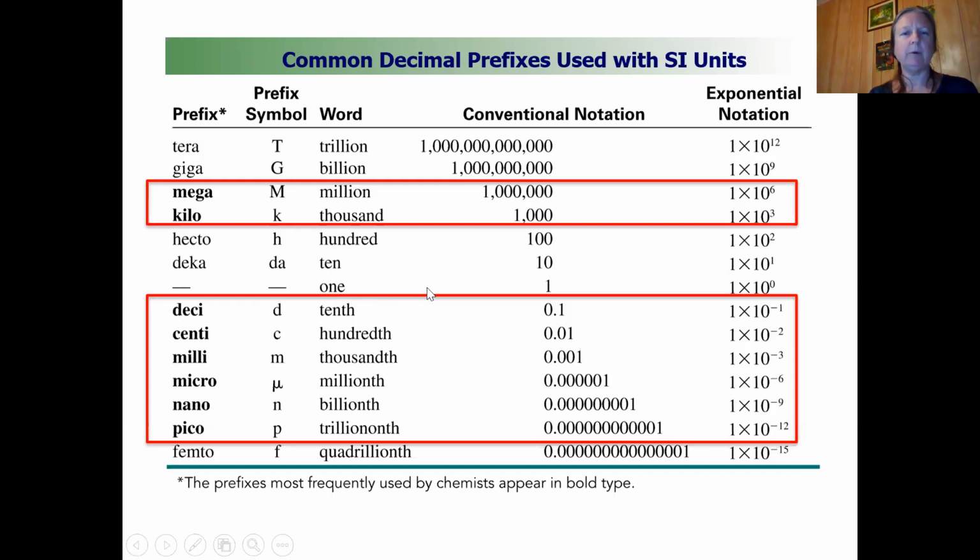There's something about King Henry, but look that up for mnemonics for the metric system to help you remember the order that these go in. So you do need to know that milli is 1,000ths, 0.001. You need to know that mega is 10 to the 6.